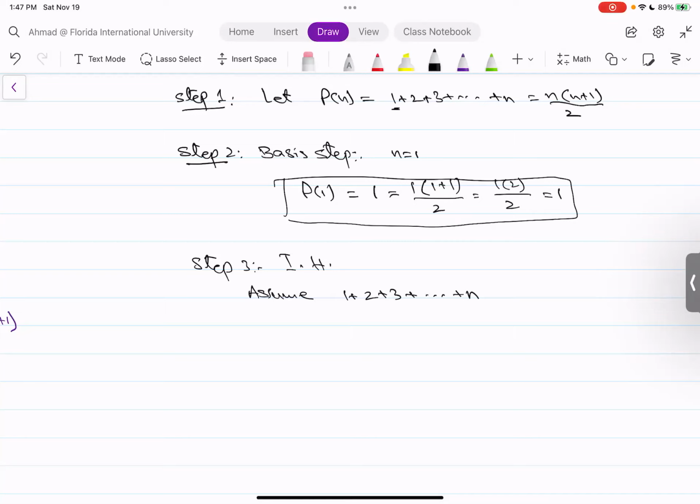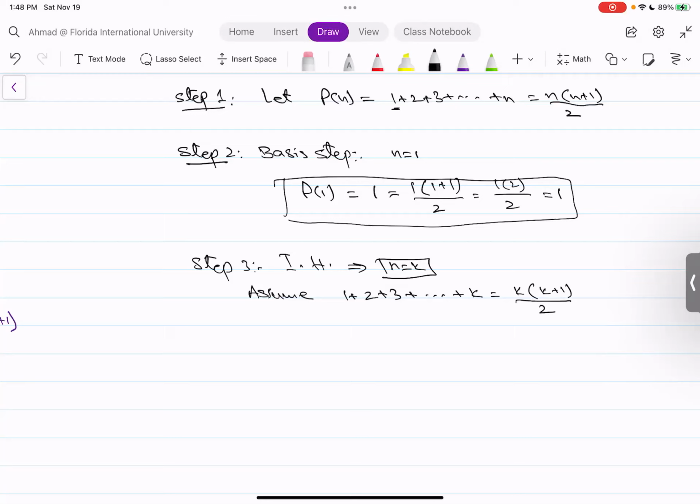Now, since I'm setting up the induction hypothesis, it is not going to be n. That means for the induction hypothesis, I take n is equal to k, right? For n is equal to k, 1 plus 2 up to k is going to be k times k plus 1 divided by 2.